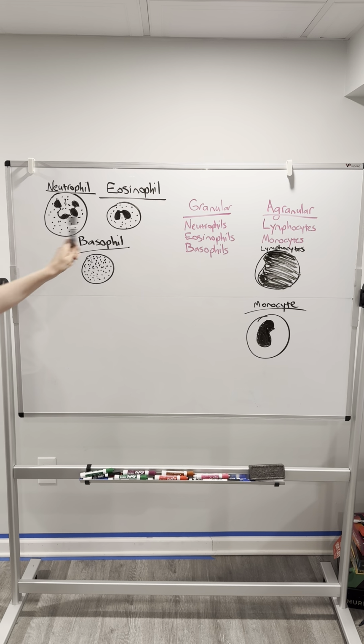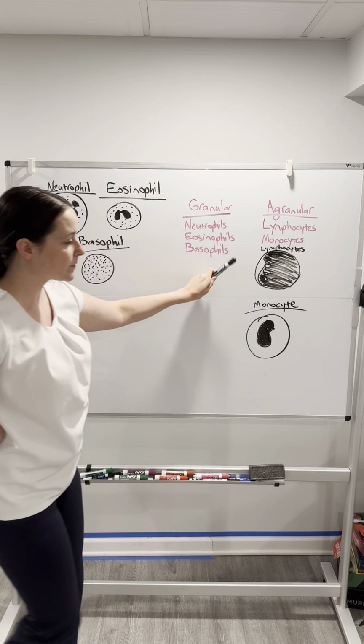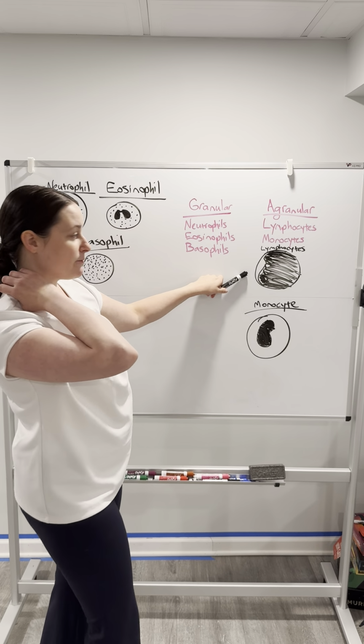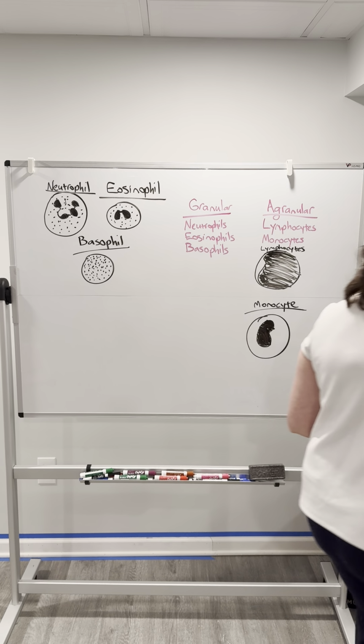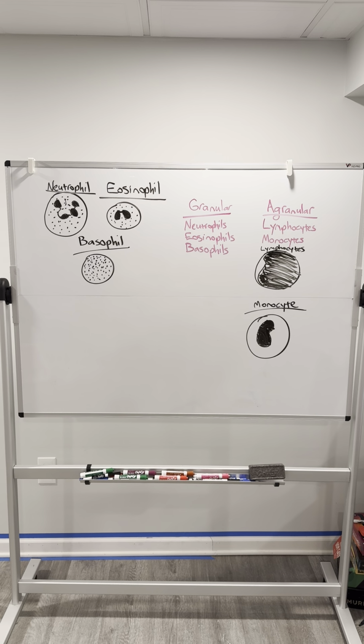Okay, eosinophils make up 2 to 4%, so these ones are hard to find. Basophils even harder to find, about 0.5% to 1% of white blood cells. Lymphocytes are 25 to 45% of white blood cells, and monocytes are 3 to 8%. Okay, so it's easy to find neutrophils and lymphocytes, but a bit harder to find the rest of those.